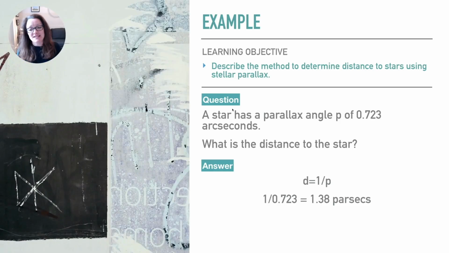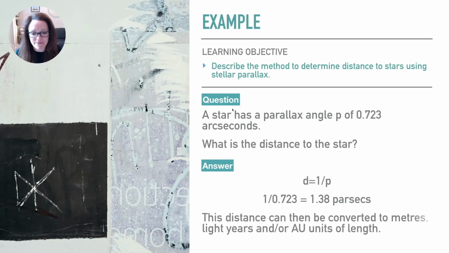Now you might be asked to give it in metres, in which case you do 1.38 times 1 parsec in metres, but that's given in the data booklet and it couldn't be simpler. So once you've got the distance in parsecs, it can be converted to metres, light years, and or AU, astronomical units, by using the data given in the data booklet. It can't get any simpler.